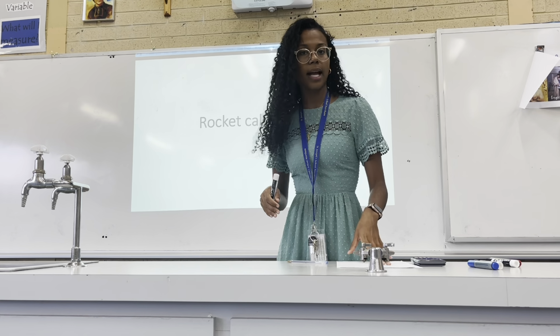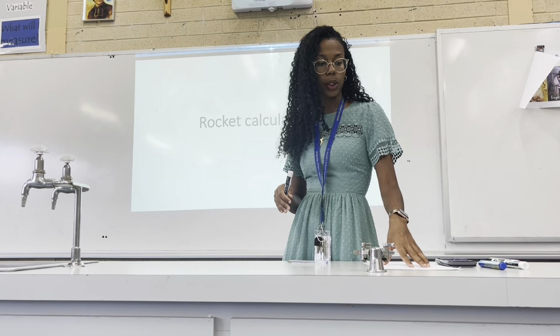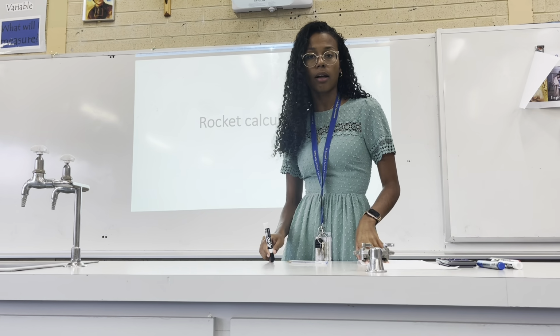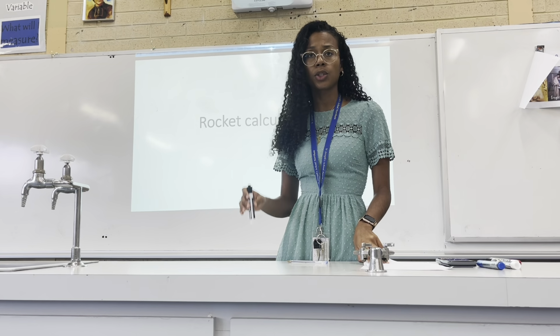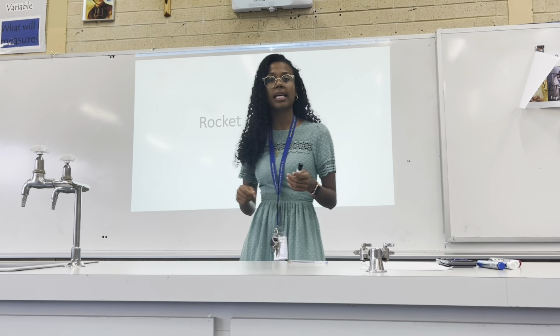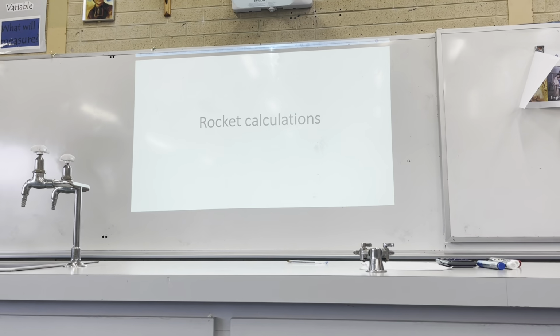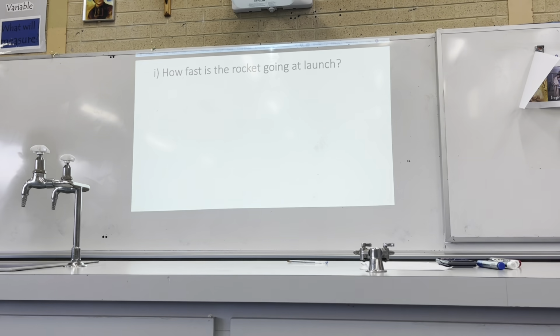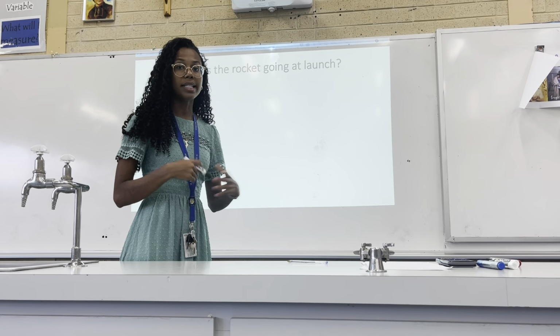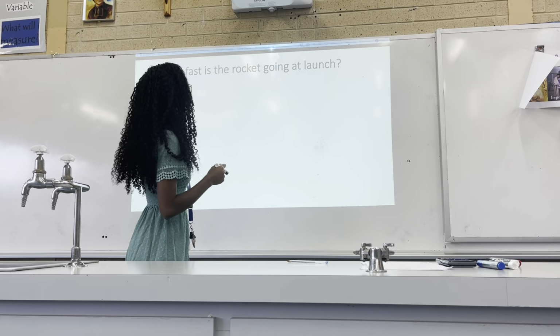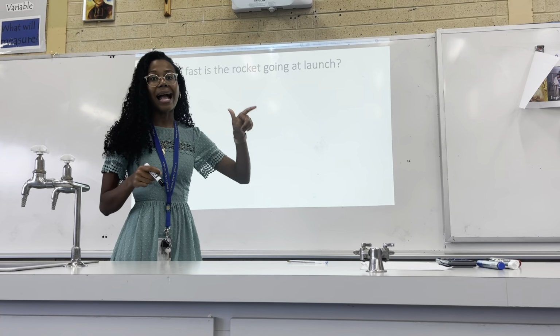All right, so we're starting off with the first calculation. You can find a copy of this also on our Teams, labeled as rocket calculations or rocket assessments. So the first question that we are asked when we look at our assessment is, how fast is the rocket going at launch?